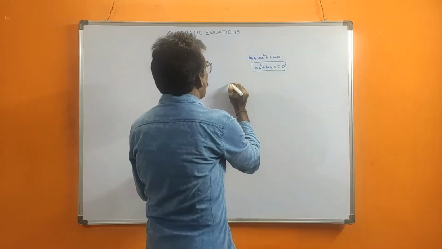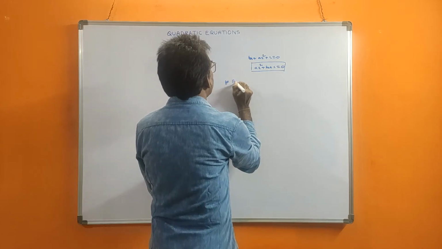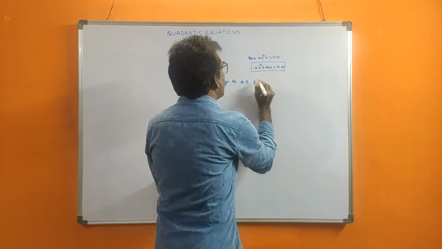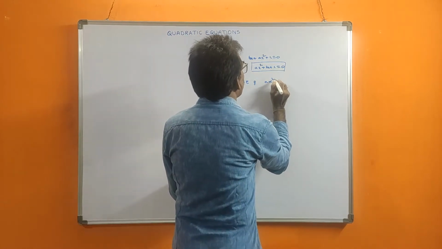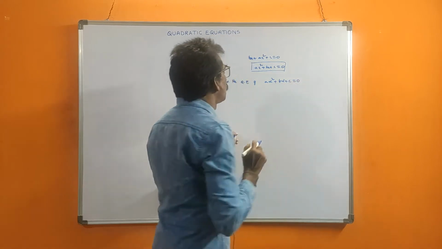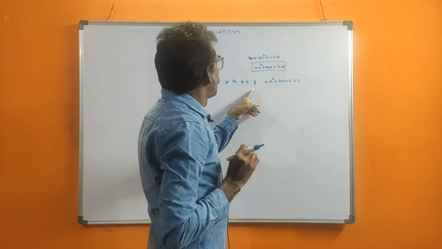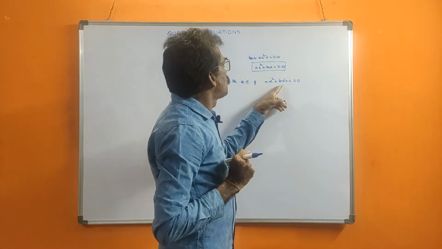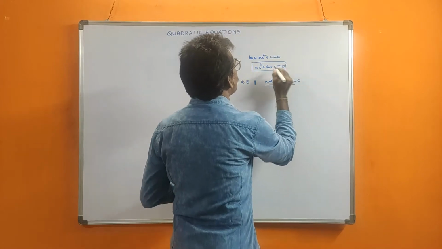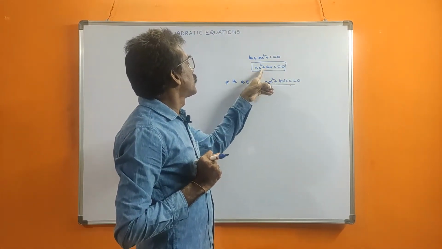Now suppose for a quadratic equation, if a alpha square plus b alpha plus c is equal to 0, then this alpha is called a solution of this equation.